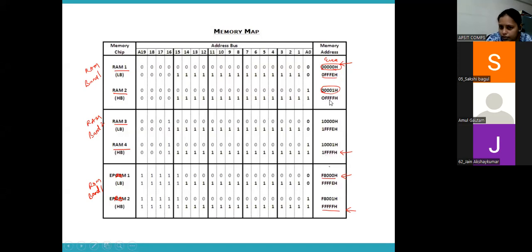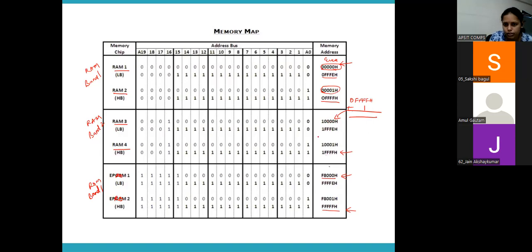Similarly, if this is 0FFFFH, then its immediately next address, 0FFFFH plus 1, will go where? It will be the starting address of your RAM 3.